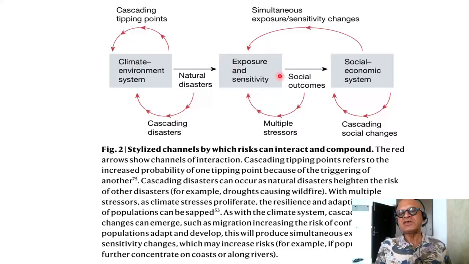Exposure and sensitivity, of course, determine the social outcomes and impacts on the socio-economic system, which can have cascading social changes or feedback to exposure and sensitivity through simultaneous exposure and sensitivity changes, as well as social outcomes can produce multiple stressors leading to all kinds of cascading effects: conflicts, displacements, food security, water security, energy security, and so on, and health, of course, as well.